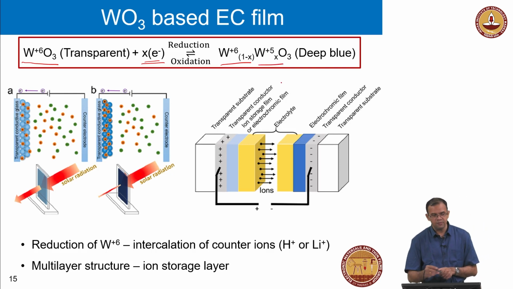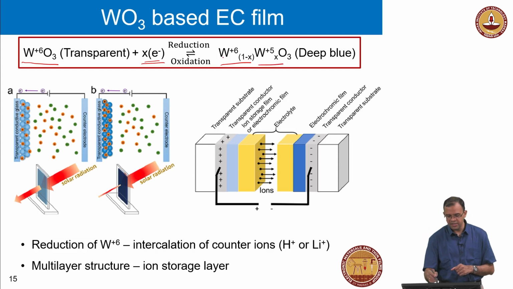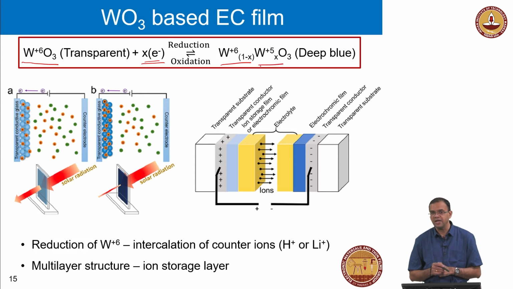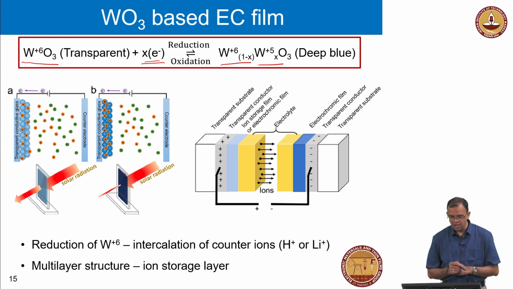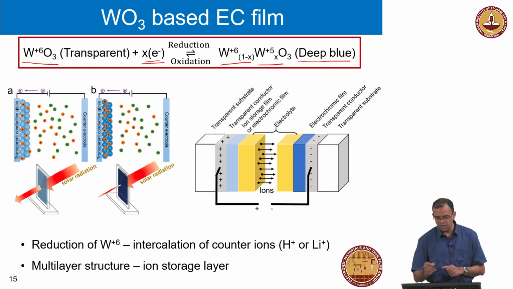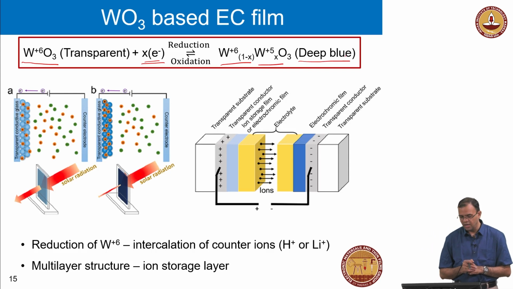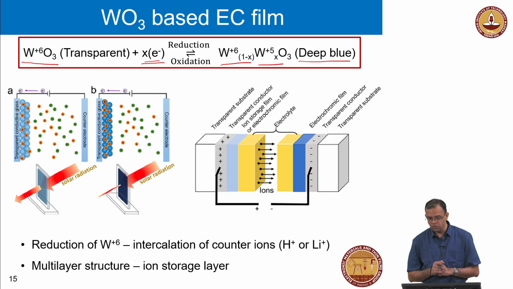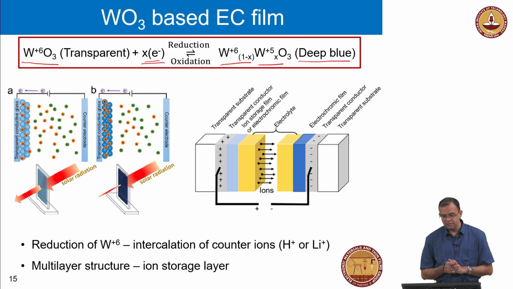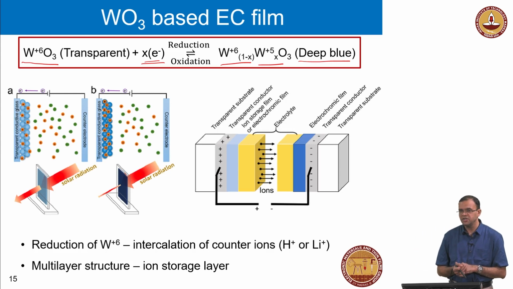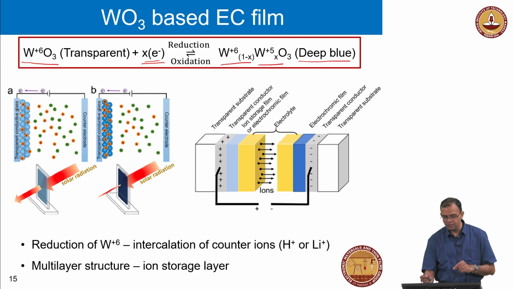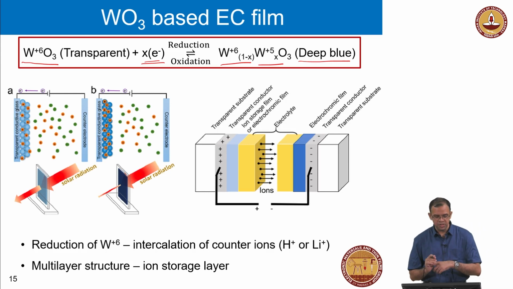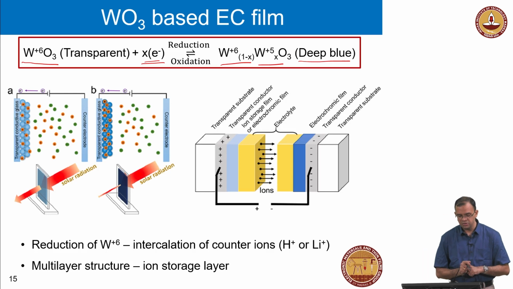Here the transformation is not complete, so that's why we write it as W(+6)(1-x) W(+5)x O3. So this is now a colored oxide. It has essentially a deep blue color, and importantly this reaction is reversible. So I can go back from my deep blue to the transparent state. So essentially I can switch between these two states.